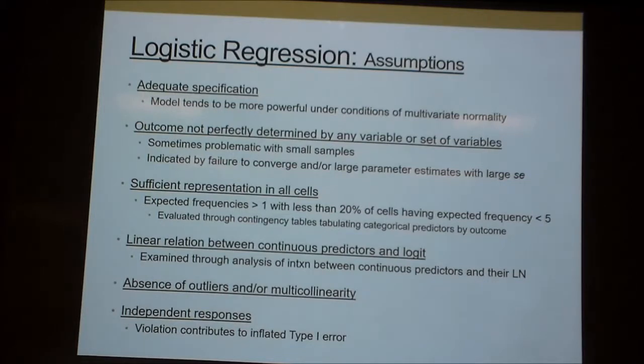What we're going to do here is run through our tables, not necessarily a 2x2, comparing our categorical predictors by our outcome. What we want to have is expected frequencies greater than 1, with less than 20% of our cells having expected frequencies less than 5.